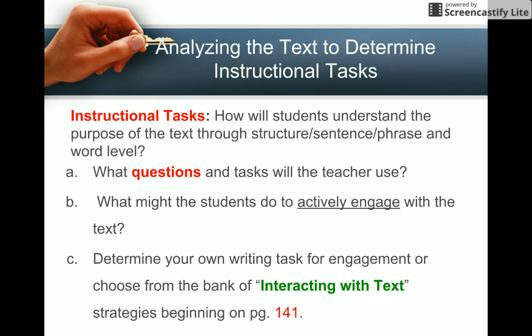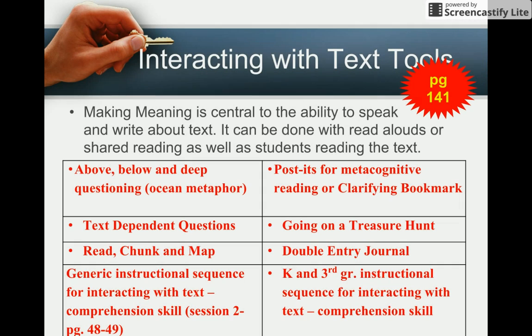So you'll be looking at the interacting with text section that has some strategies in the back of the appendix, beginning on page 141. To give you some ideas, here they are. Great ideas. There's lots of text-dependent questions, how to chunk and read, how to map it with thinking maps.